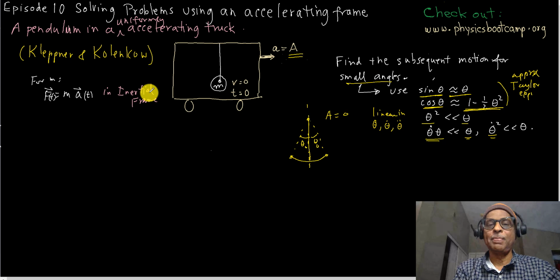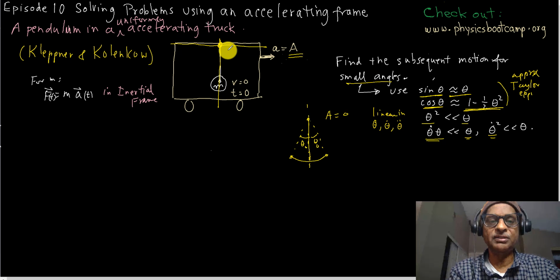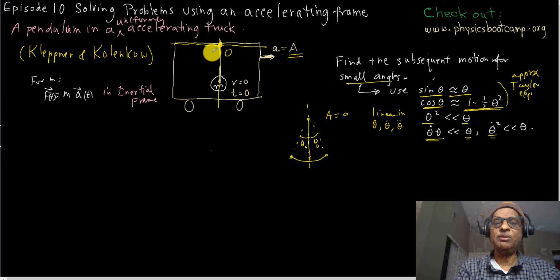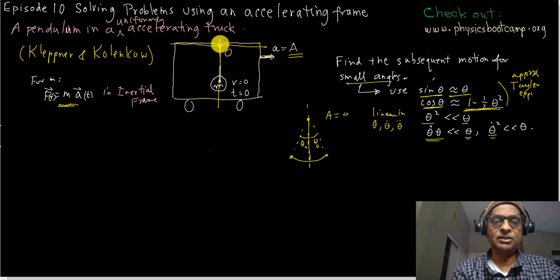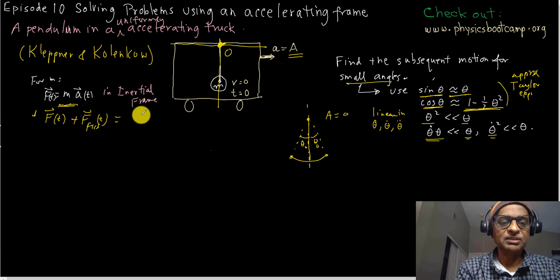Now, say you're inside the truck and you want to study this with a coordinate system fixed to the truck. That is not an inertial frame, so this is not going to be the law for it. For a non-inertial frame, you'll have to write F of t plus a fictitious force, which may also depend on time.